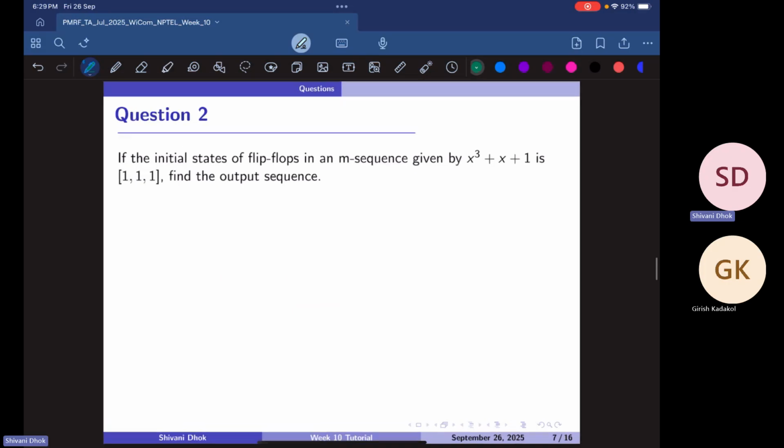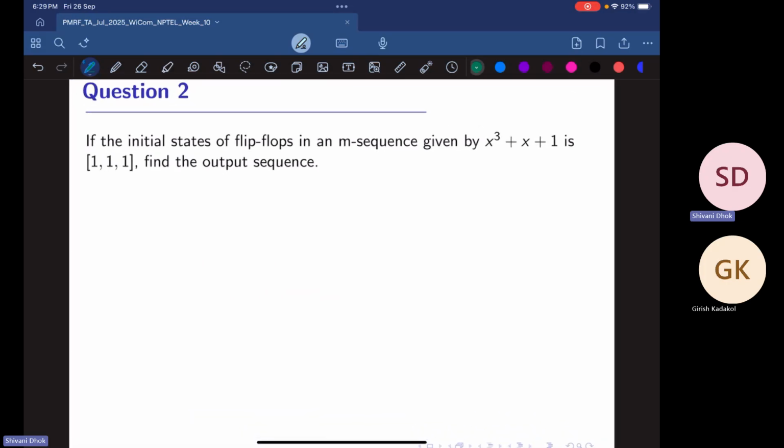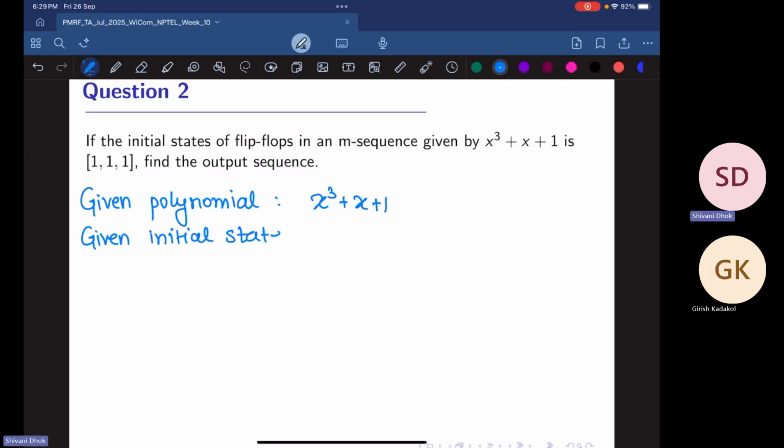So the given polynomial is x cube plus x plus 1, and the given initial state is 1, 1, 1. So what do we mean by initial state?